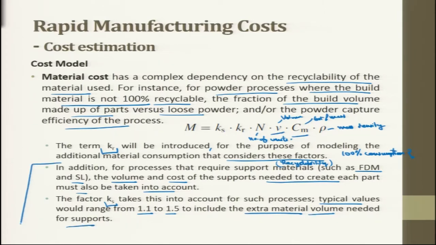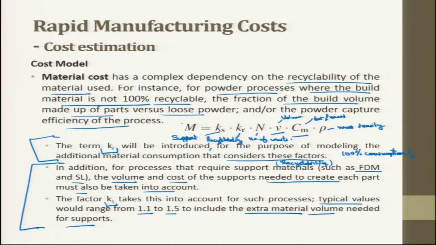So this is for supports, and this is for recyclability, or the utilization of the material. We have this factor Ks, where S is for support, and this is Kr, where R is for recyclability.